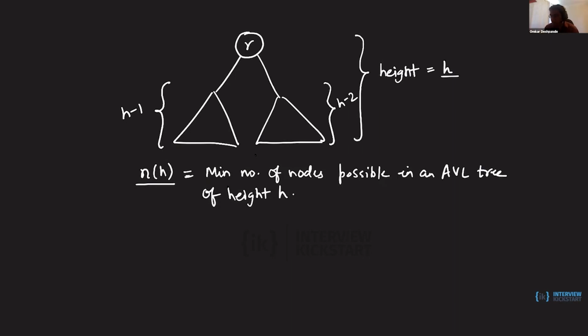And again, we are assuming that this left subtree is the smallest possible AVL tree of height h minus 1, because if it wasn't, then we could replace it by the smallest possible tree of height h minus 1, and we would get an even smaller tree of height h, which is not possible. So we are already looking at the smallest AVL tree of height h.